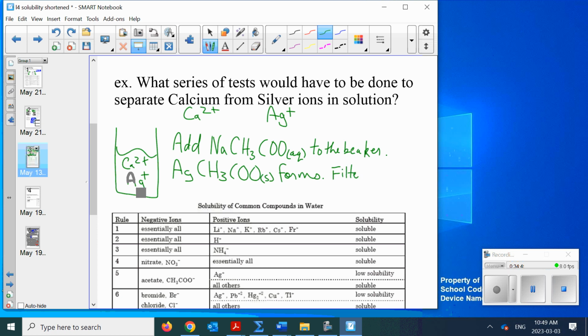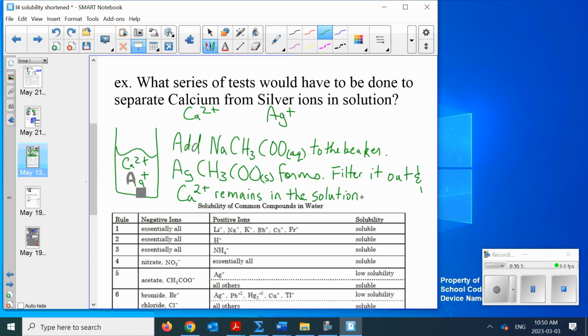Filter that out and the calcium ion is not in the beaker, I guess, it's in the solution.